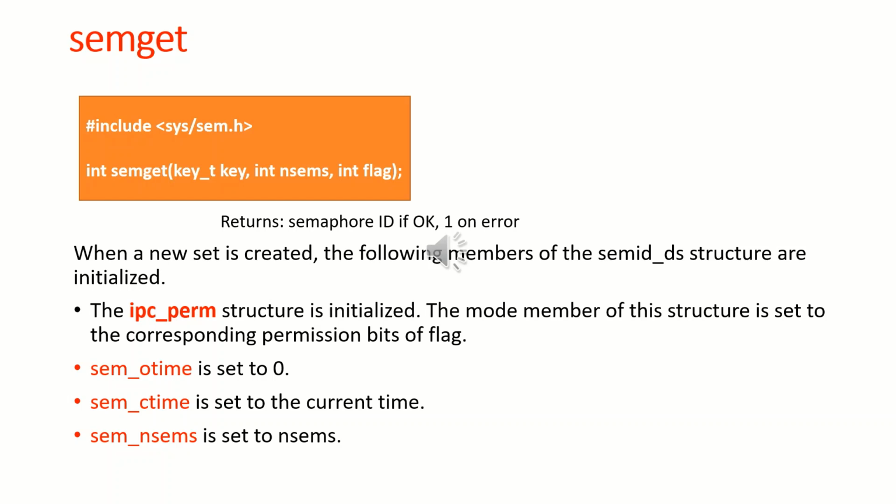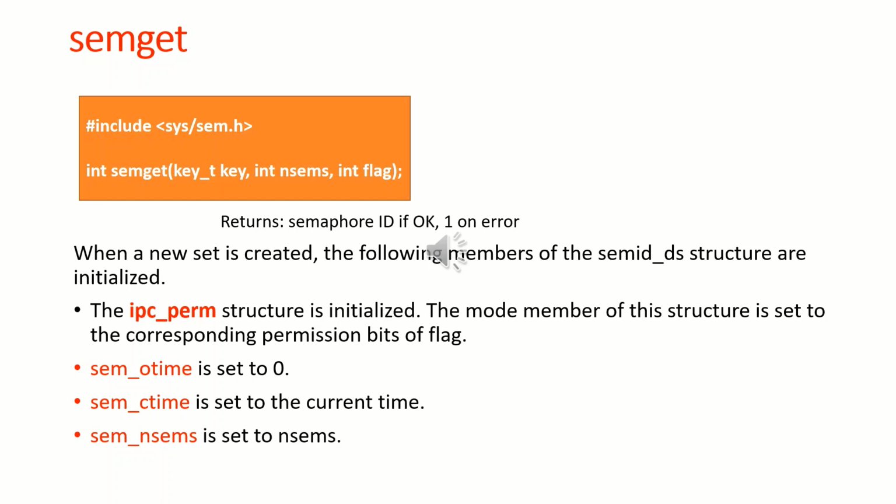The ipc_perm structure is initialized. The mode member of this structure is set to the corresponding permission bits of flag. sem_otime is set to 0. sem_ctime is set to the current time. The number of semaphores in the set is nsems.